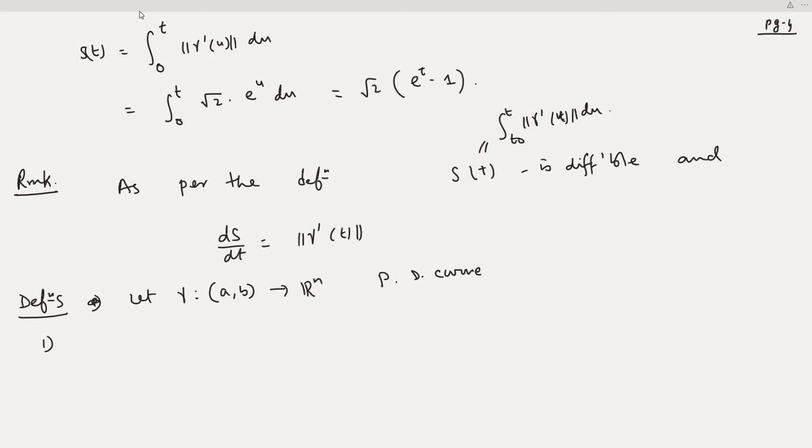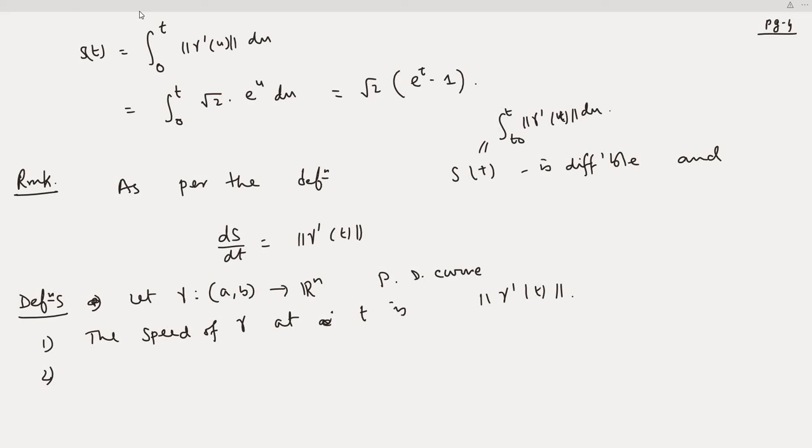Then the speed of gamma at the time t is the norm of gamma prime of t.